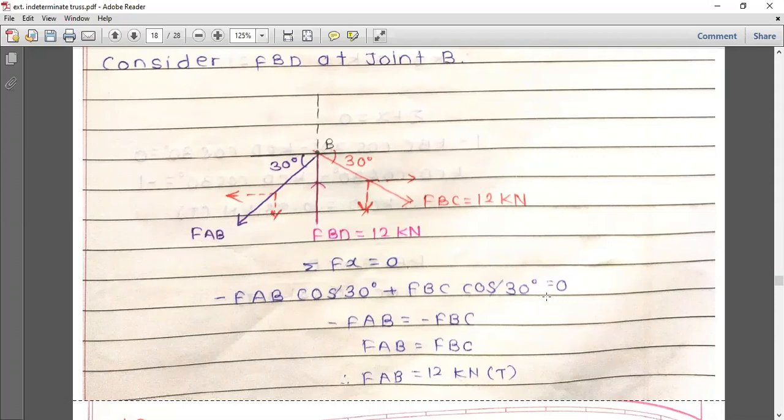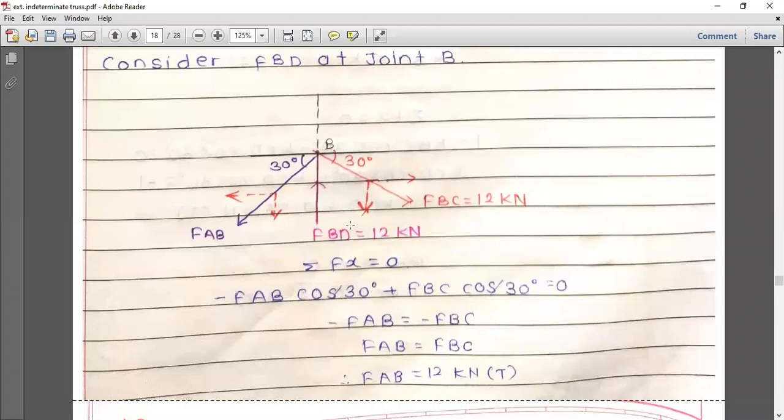We know previously by solving the other joints, we have got the force in member BD and force in member BC. Force in member BC we have got tensile, that's why take the arrow away from the joint.